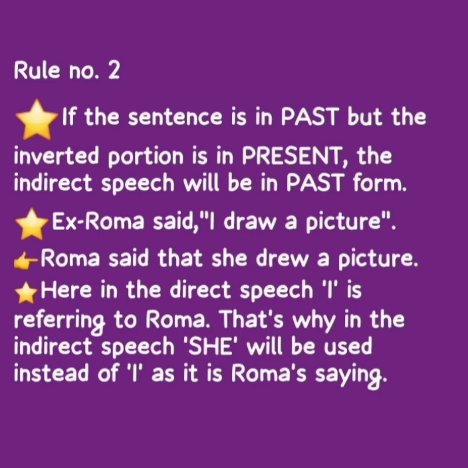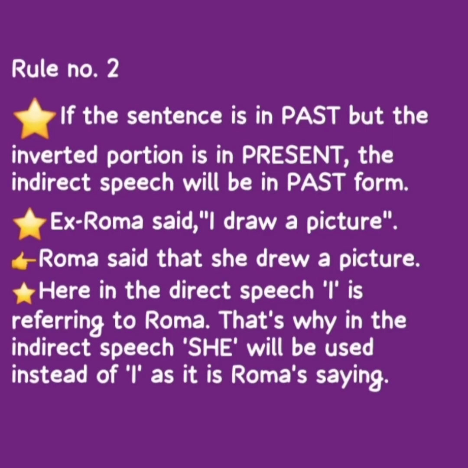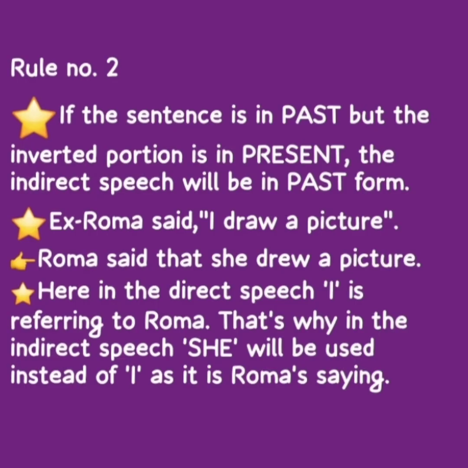Here in the direct speech, "I" is referring to Roma. That's why in the indirect speech, instead of Roma, we have used "she". And as the sentence is in past form, just "Roma said". So the inverted portion, "I draw a picture", has been converted into past form, that she drew a picture.